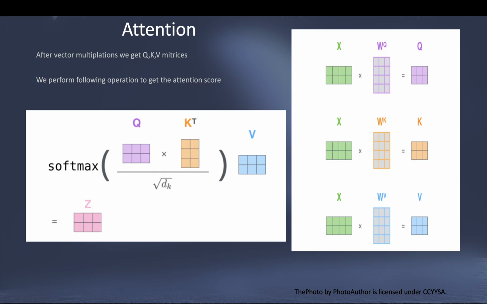That will generate some output, and that output should not be too big. It should be in a certain range. That's why we are dividing it by the dimension of the k matrix. Otherwise there is no need for that.